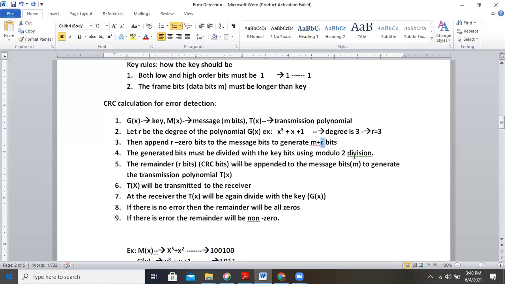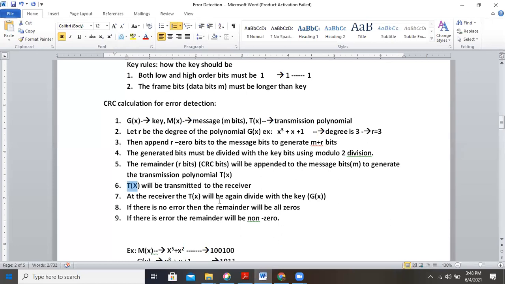So these m plus r bits we are going to divide with the key bits. The remainder will be r bits. That we take as the CRC bits. We append these CRC bits at the end of the actual message of m bits and transmit it. That is considered the transmission polynomial.